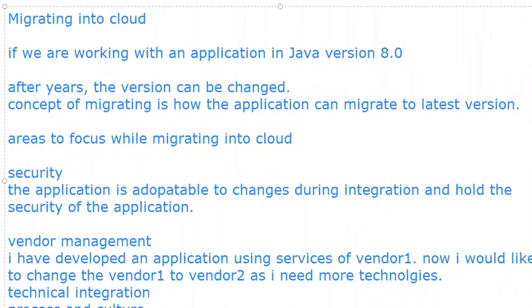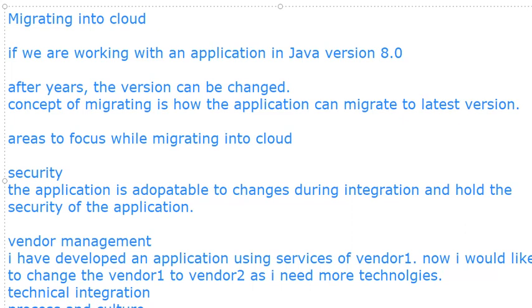Whatever terms and conditions were given for the first vendor should also be applicable to the second vendor, and what they are expecting from their side is also important in vendor management. Vendor management is nothing but this: when you develop an application with the help of one vendor, and you would like to change to a vendor that provides more applications compared to vendor one.